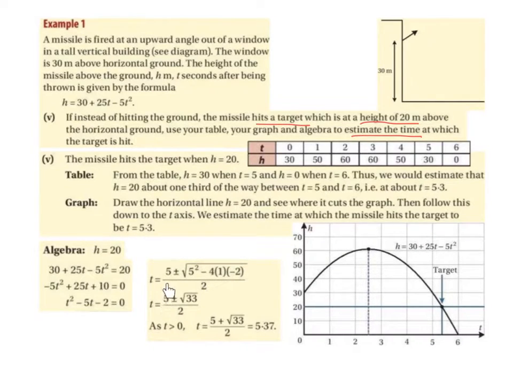That gives us 5 plus or minus the square root of 33, over 2. As t must be greater than 0, t is going to be 5 plus root 33 over 2, so we ignore the minus value. Putting this into the calculator and rounding to 2 decimal places gives us 5.37, which is very close to our estimate from the graph, which was 5.3, and the estimate from the table, which was 5.3.